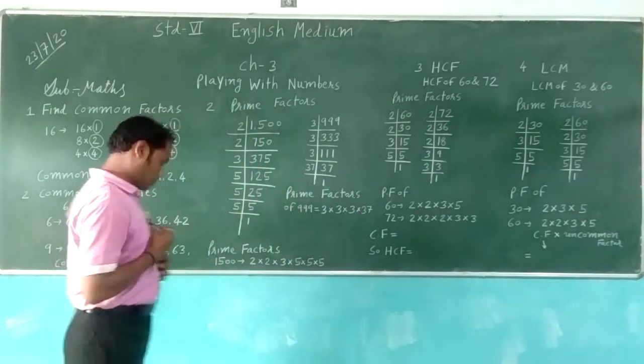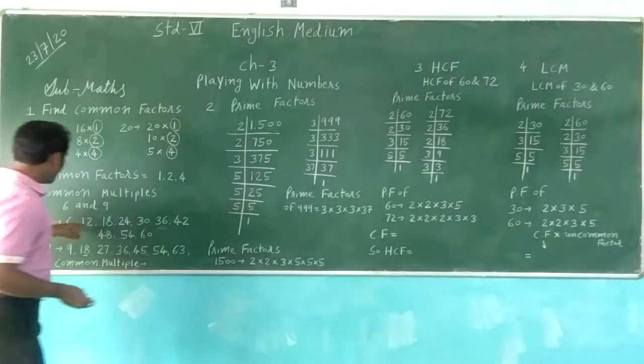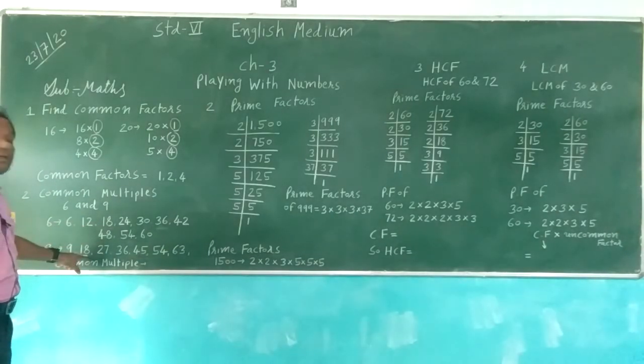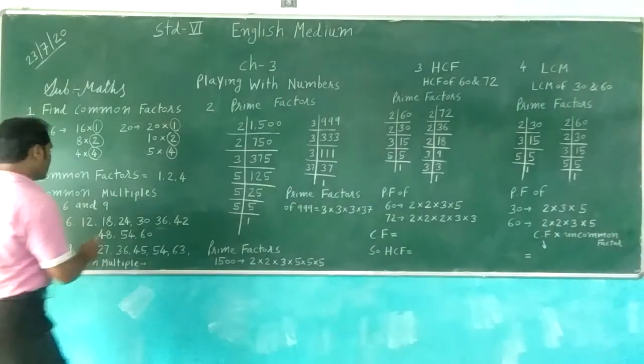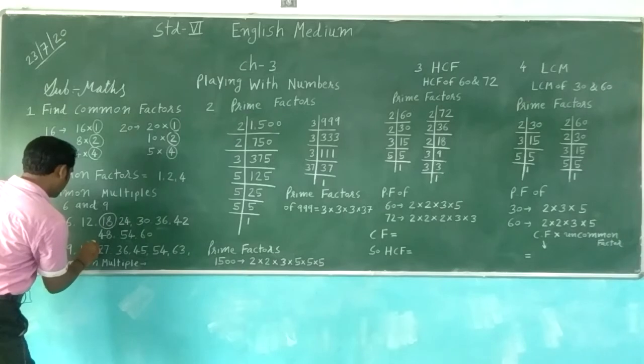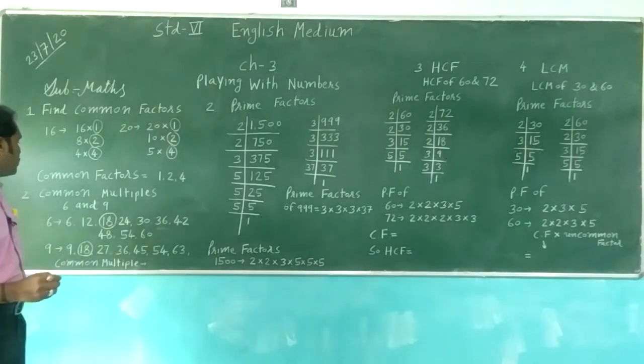So let's see here. You can see the multiple 18 is given here, and the same multiple is given here. So we'll circle 18. 18 is the common multiple in both.